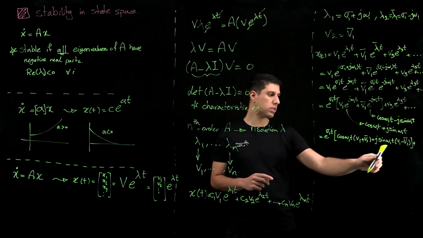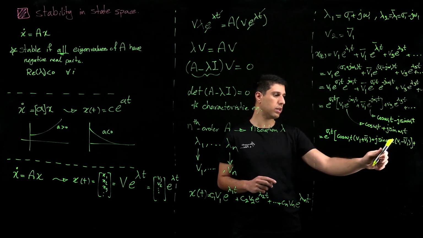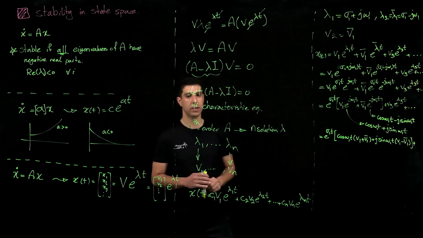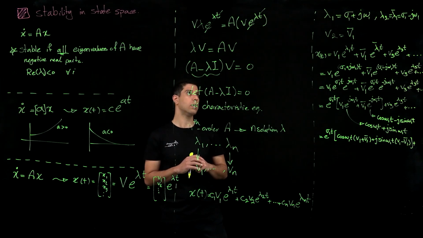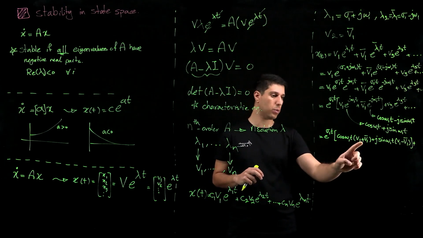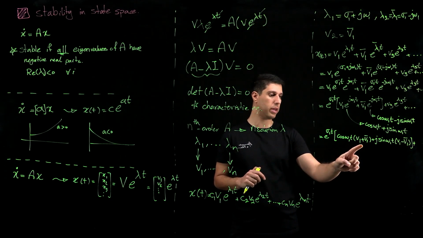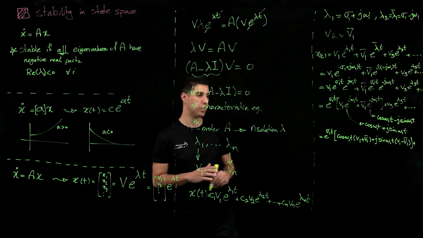And now this gets more interesting because v1 and v bar 1 are complex conjugate pairs. So if you add them together, the imaginary parts cancel out. All I will be left with is 2 times the real part of v1.